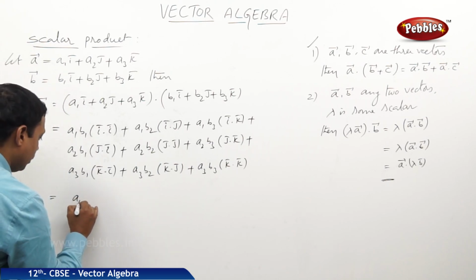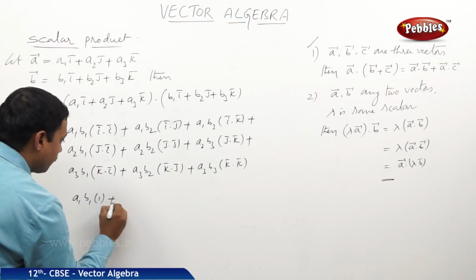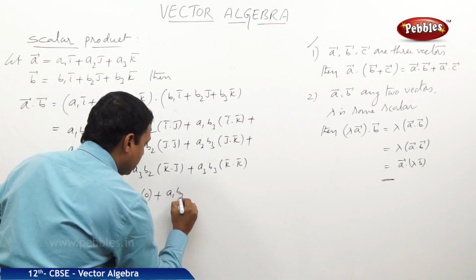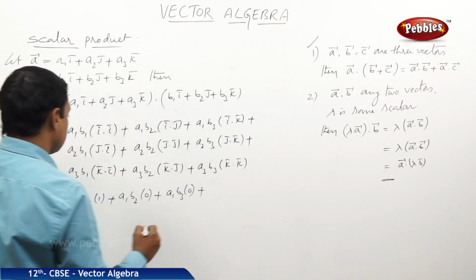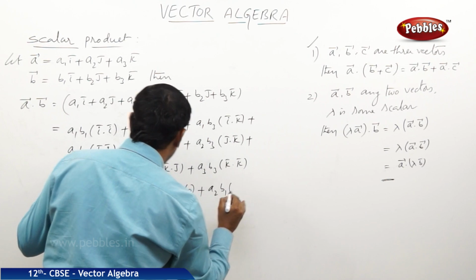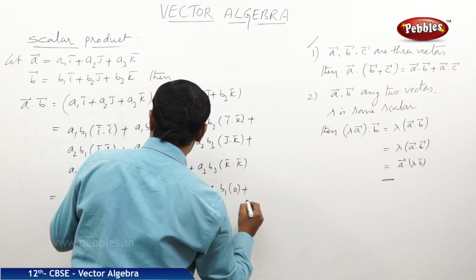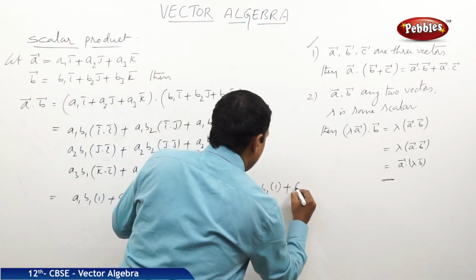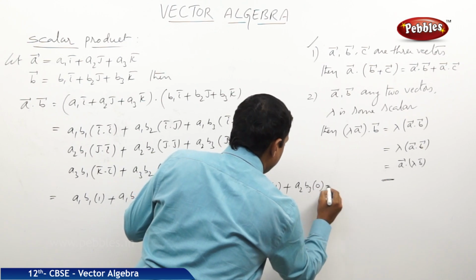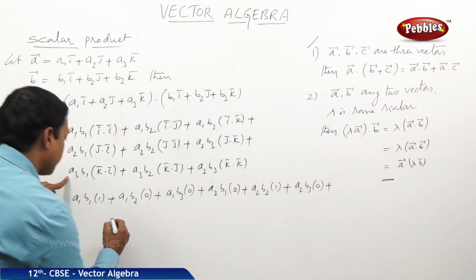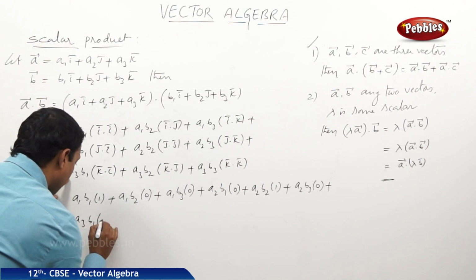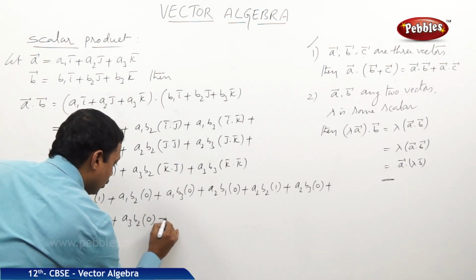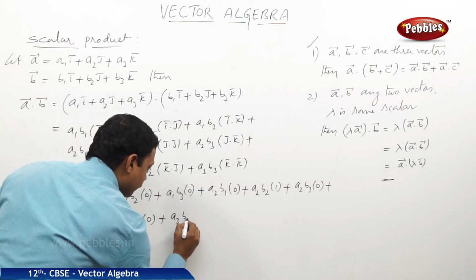On substitution, a1 b1 into 1, a1 b2 into 0 plus a1 b3 into 0 plus a2 b1 into 0 plus a2 b2 into 1 plus a2 b3 into 0 plus a3 b1 into 0 plus a3 b2 into 0 plus a3 b3 into 1.